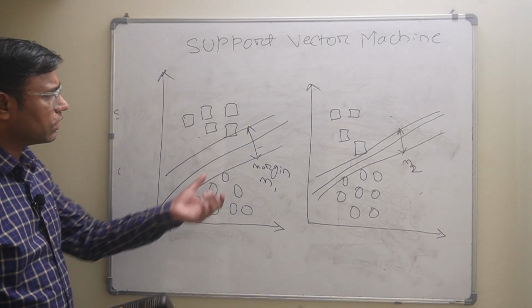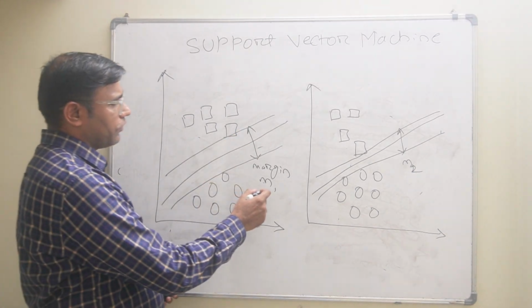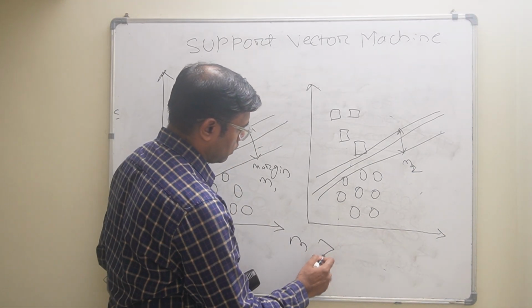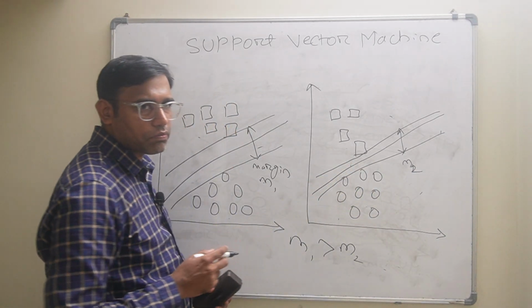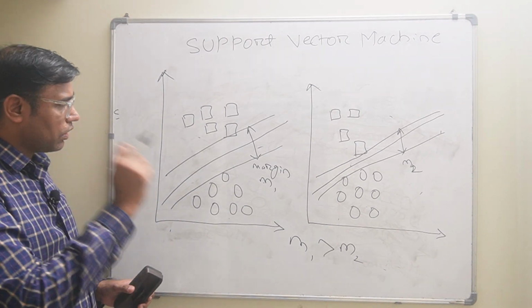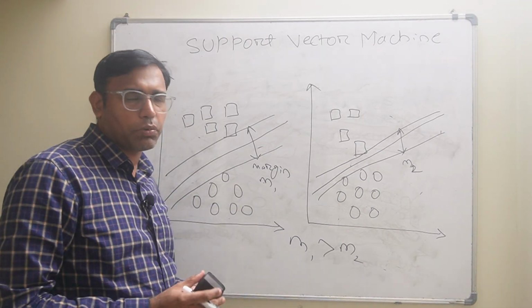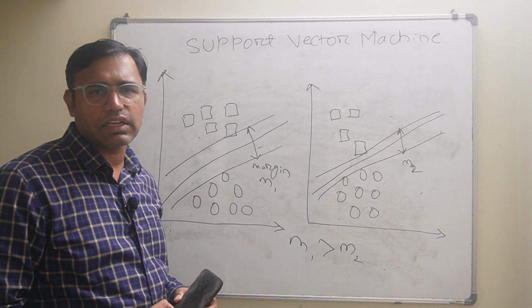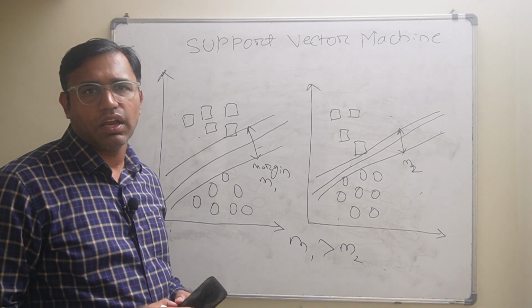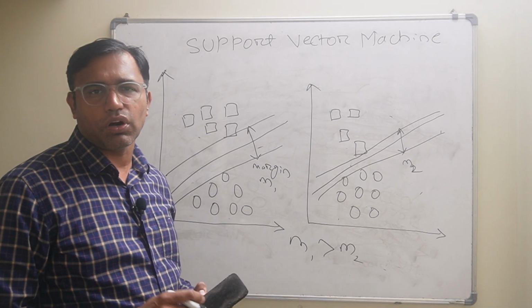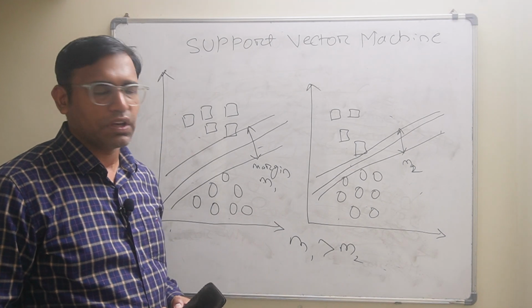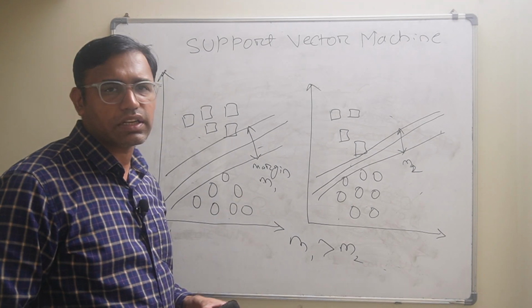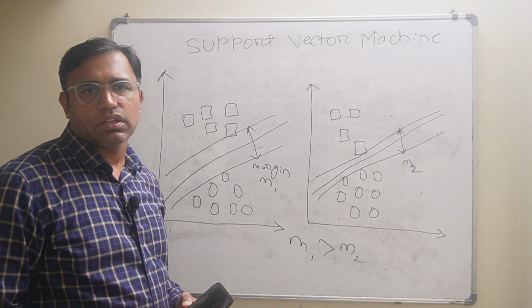So if you measure the margin length, this M1 is greater than M2. Now what is the importance of margin? The larger the margin length, the better the prediction, and if there is better prediction, the model will provide better accuracy. So that's why you have to select the diagram which will provide the better prediction.